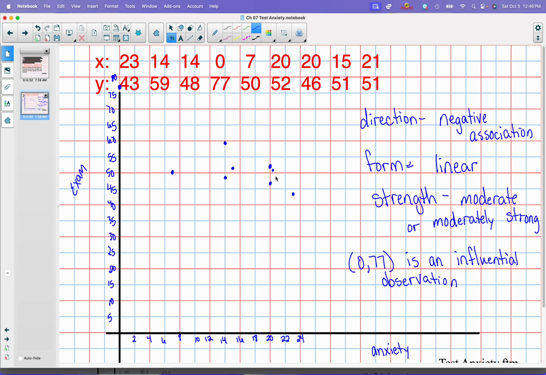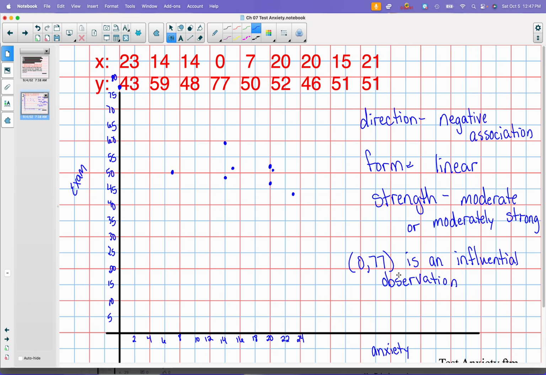If I were going to draw a line that would best describe my set of points, if I took the 0.77 out, my line is going to not be as steep. But with that point in, it's going to make my line steeper. So it actually is influential in describing my relationship and the strength of that relationship. It actually makes it stronger because it pulls the line towards it. So it is an influential observation.